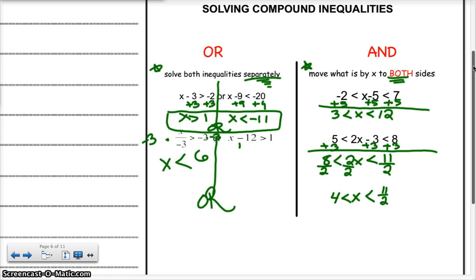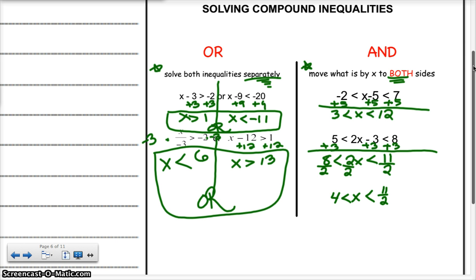Now I'm going to add 12, add 12. X is bigger than 13. Be careful for MDNFing. Be so, so careful. So ors you do separately, ands you do together.